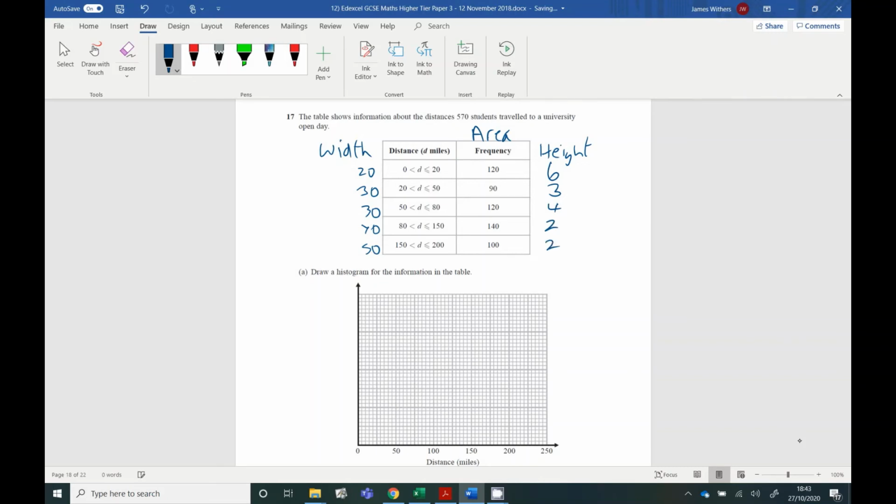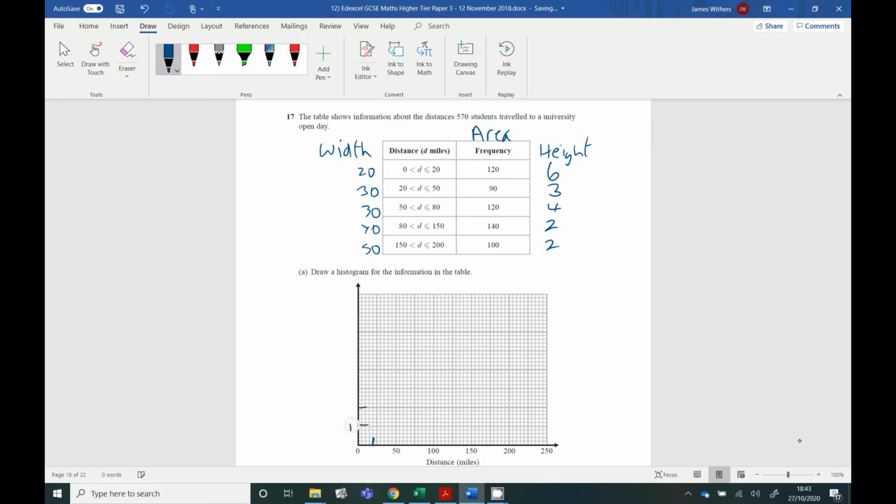So the first bar is going to have a width of 20. Looking at the scale, two baby squares represent 10, so the width of 20 is going to be 4 along, but 6 up. Now, how are we going to get a sensible scale to be 6 up? 1, 2, 3, 4, 5, 6. I think that's the best we can do.